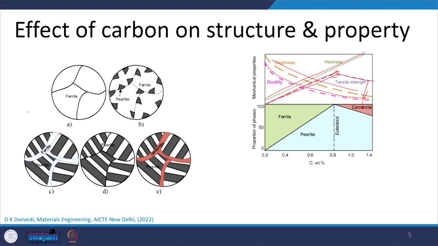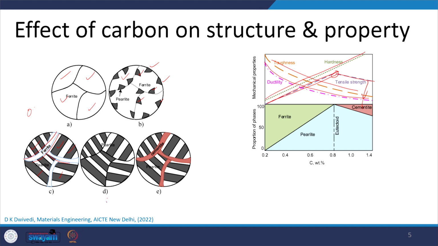When the carbon content is almost nil, you have ferrite only. When the carbon content is a little more, you have mostly ferrite, but with a little bit of perlite here and there. With further higher carbon content, you have a lot of perlite, but ferrite at the grain boundaries.